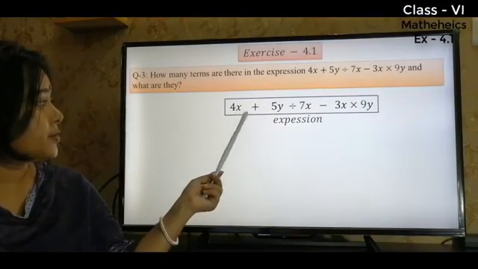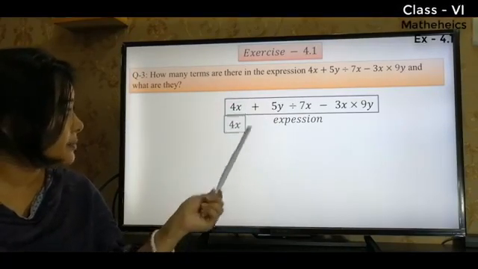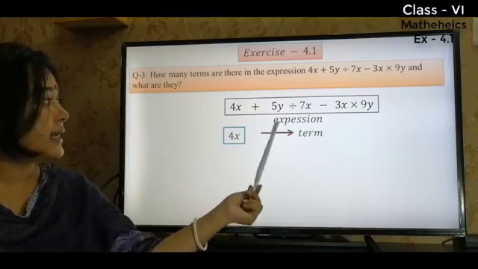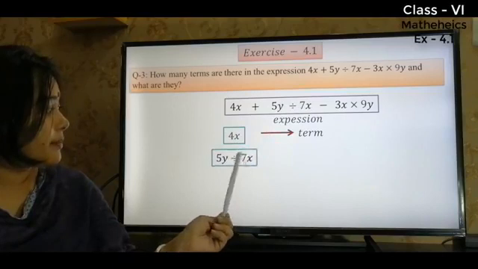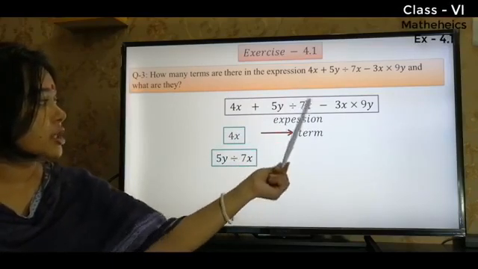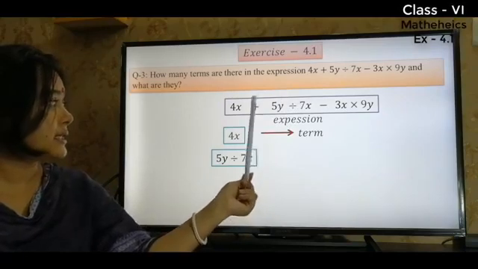Like the expression is written over here, and this 4x is a term because it is linked with a plus sign, and this whole division is also a term because the quotient of this division is linked with the plus sign.